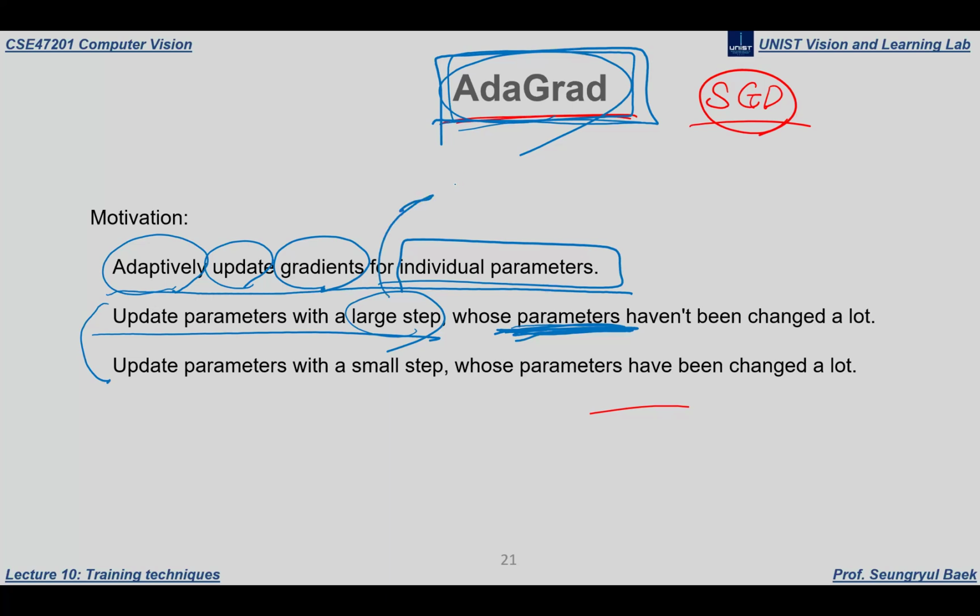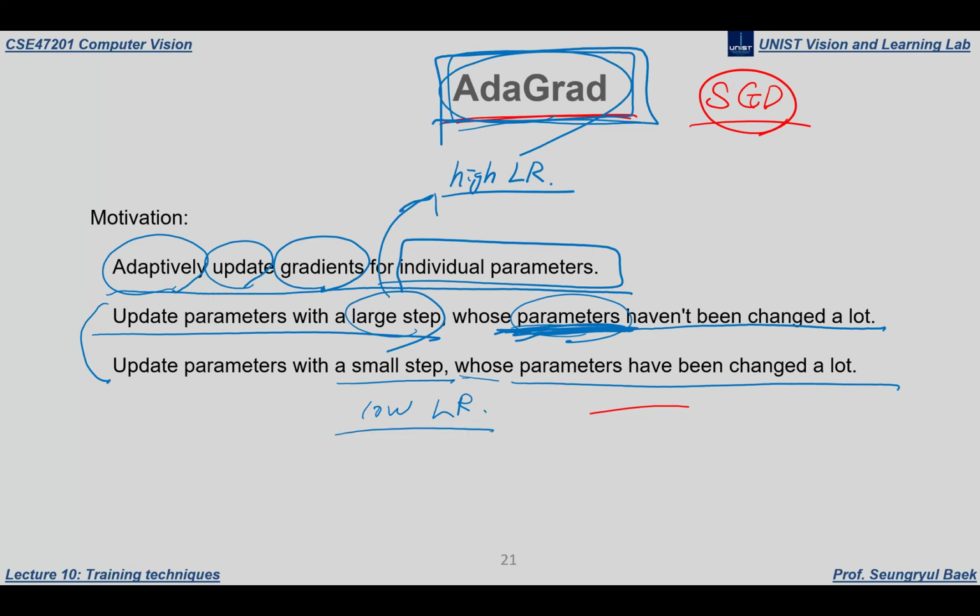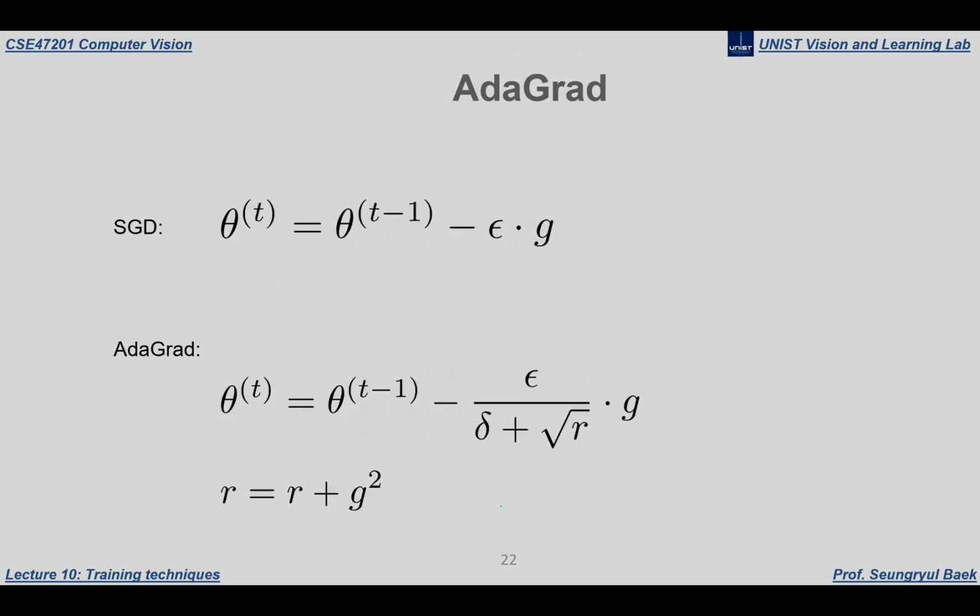They retain a high learning rate for parameters that haven't changed a lot, and apply a low learning rate for parameters that have changed a lot. So they update more for parameters that haven't changed a lot, and change less for parameters that have changed a lot. That is the AdaGrad optimizer.